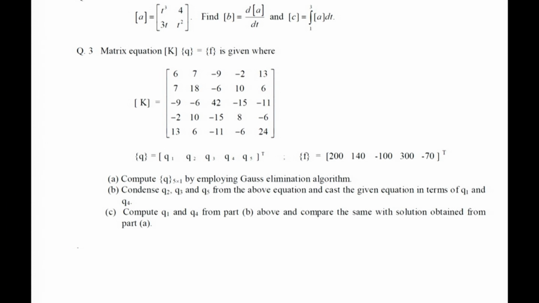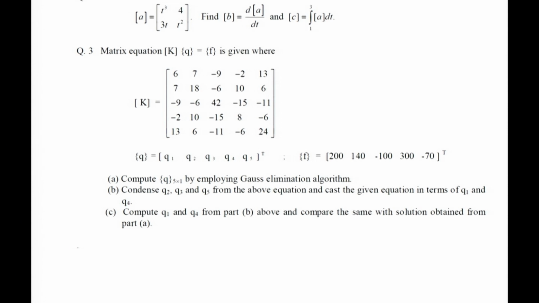So, that is part A. In part B, I would like you to condense out Q2, Q3 and Q5 and recast the equation in terms of Q1 and Q4. So, in this case S is 3, P, the number of primary unknowns, is 2 and you compute the ensuing 2 by 2 matrix to get Q1 and Q4 and ensure that these values are the same as those you have obtained through part A.